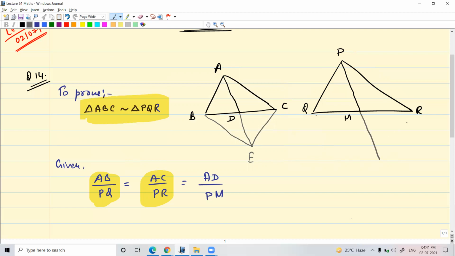In PQR, we'll extend this and join these two. PM, let's call it L.